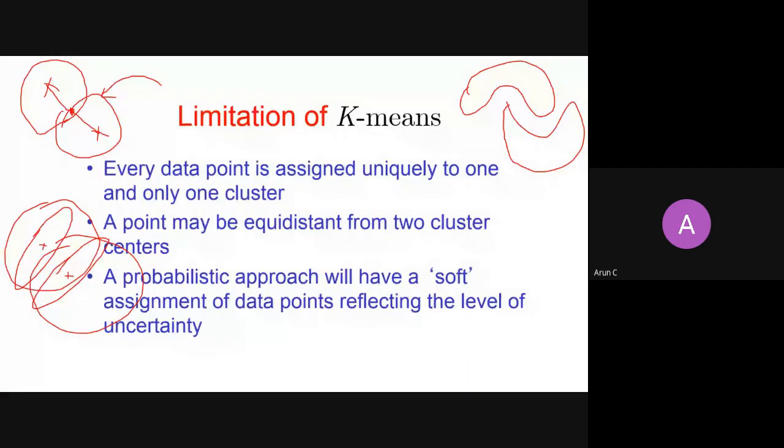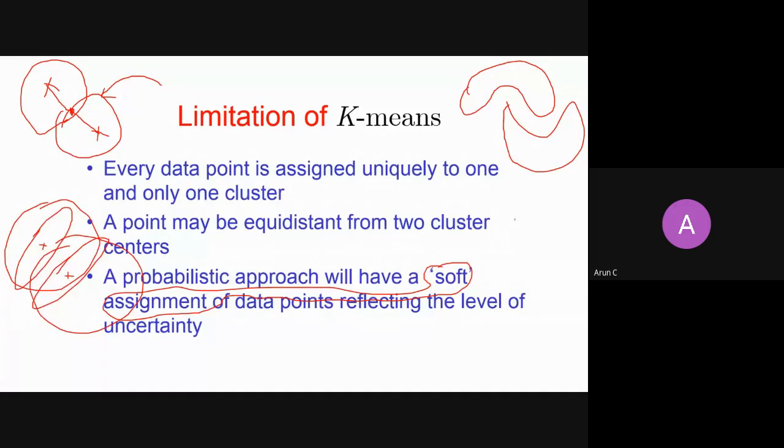The other is this deterministic nature of belongingness. You can't do soft assignments. Sometimes people call it fuzzy clustering. Fuzzy means you can have a belongingness of 0.3 and 0.7 for the same point.